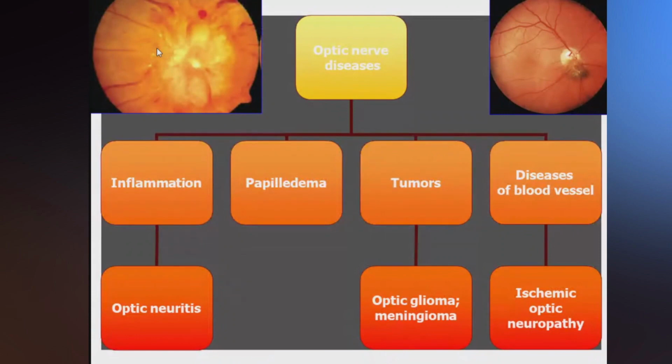On this picture, you can see the main groups of diseases of the optic nerve. These are inflammatory diseases, papilla edema, tumors, and diseases of the blood vessels. As for inflammation, the most important group is optic neuritis. As for the tumors, optic glioma and meningioma, and for diseases of the blood vessels, ischemic optic neuropathy.